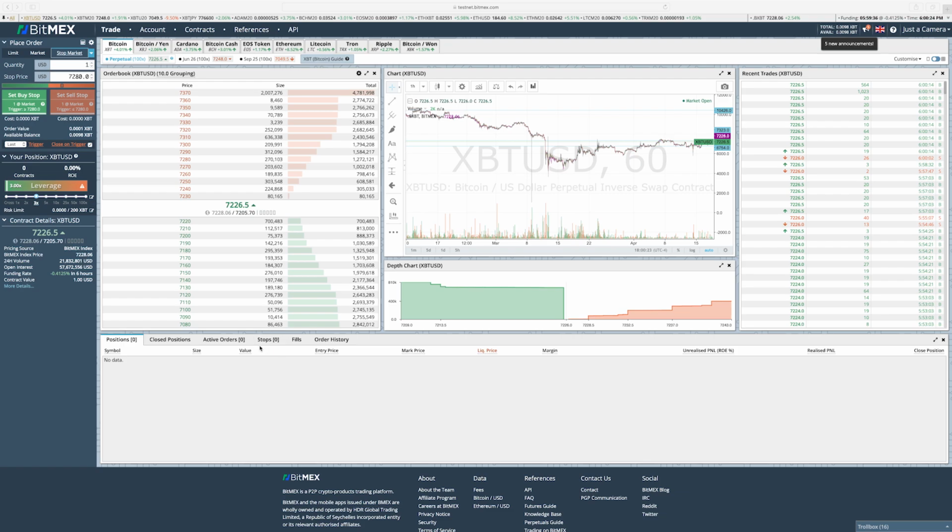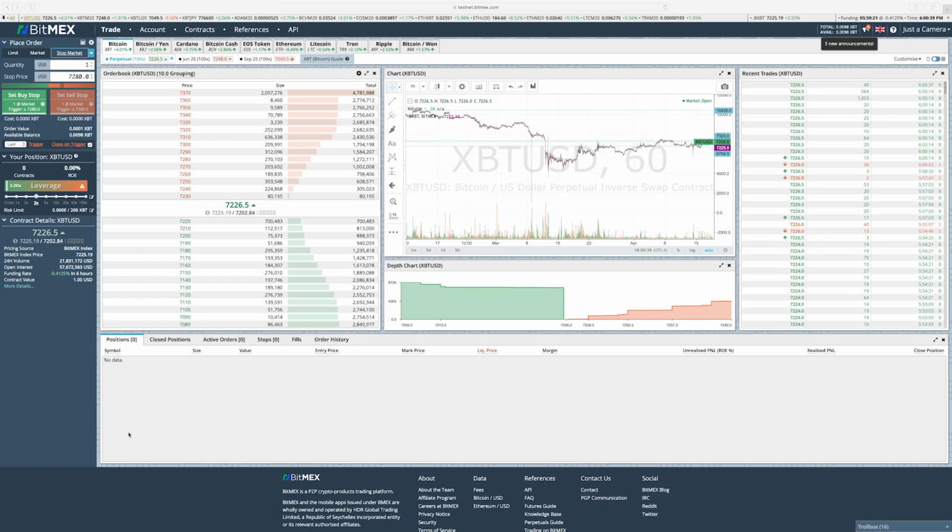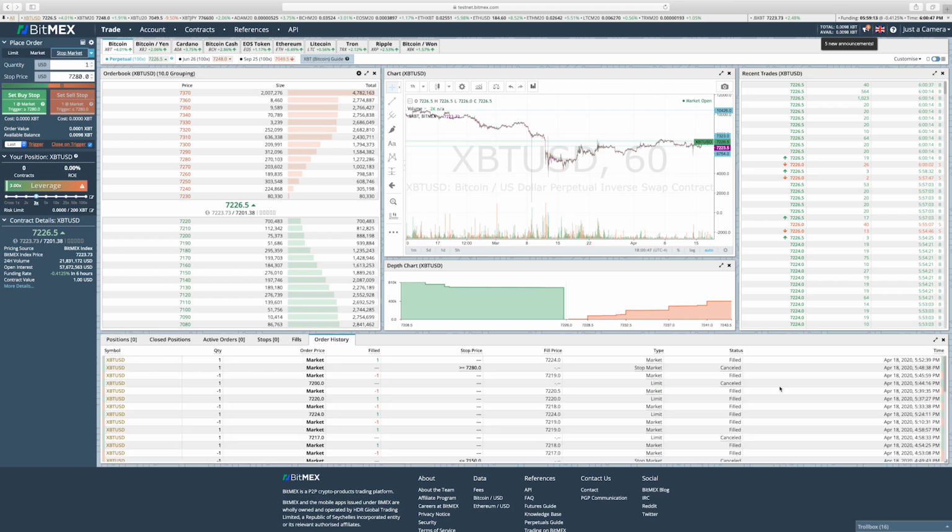So our stop losses, our invalidation levels, where our trade thesis has been invalidated, and where we are exiting that trade. And we can see that our fills will populate down here. So every single trade that we've had from an order standpoint that's been filled, and we have a complete overview of our order history, as we know from this section here.